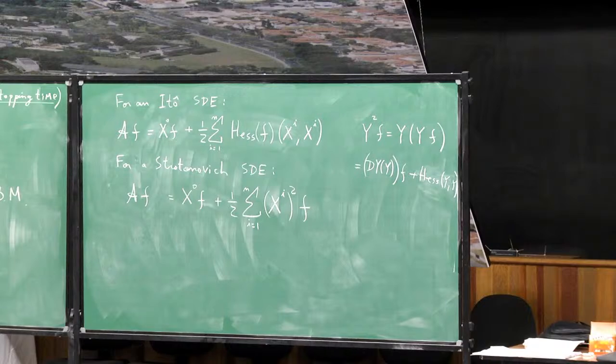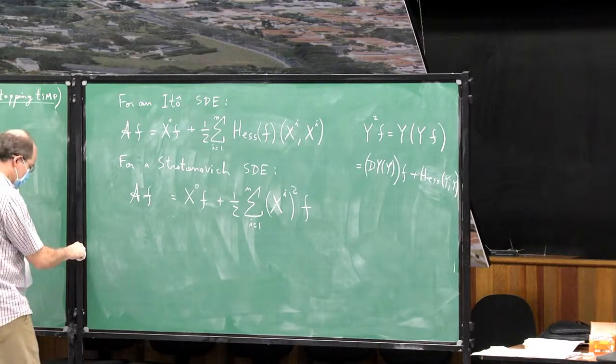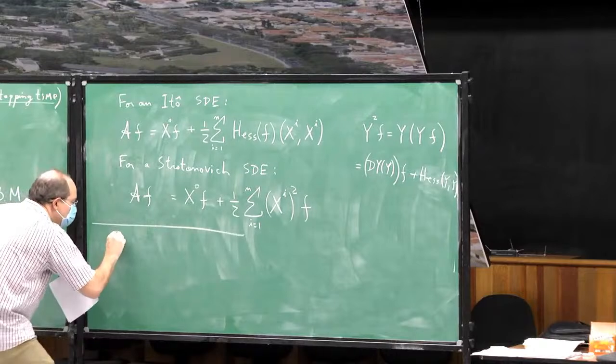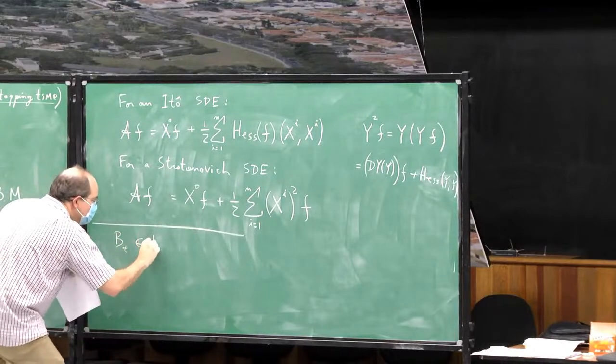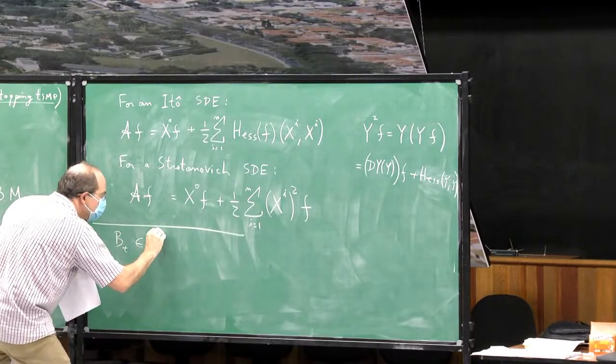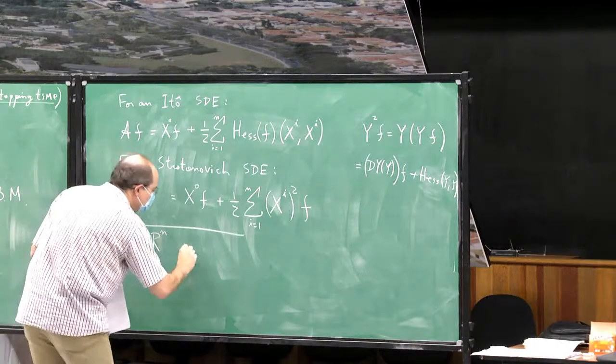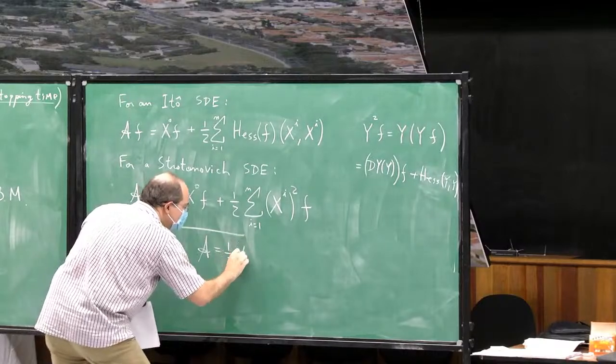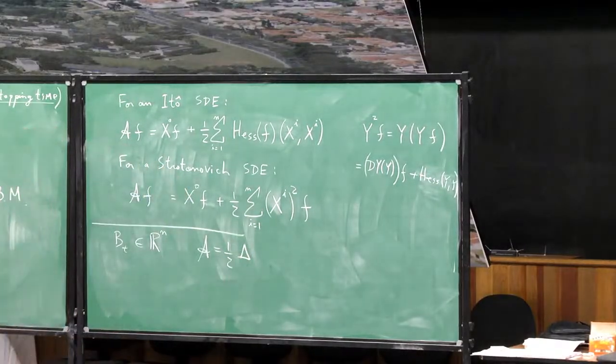I am running out of time, but check that the Brownian motion B_t in R^n has infinitesimal generator given by half the Laplacian.